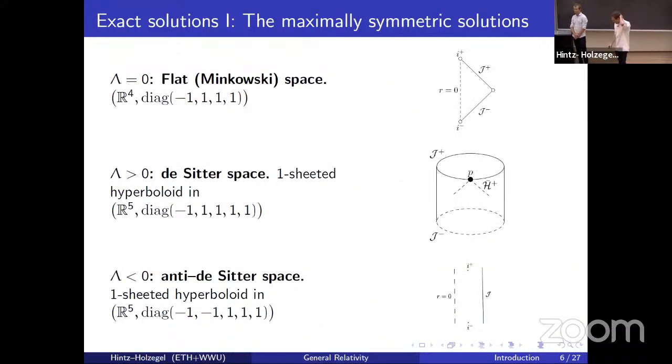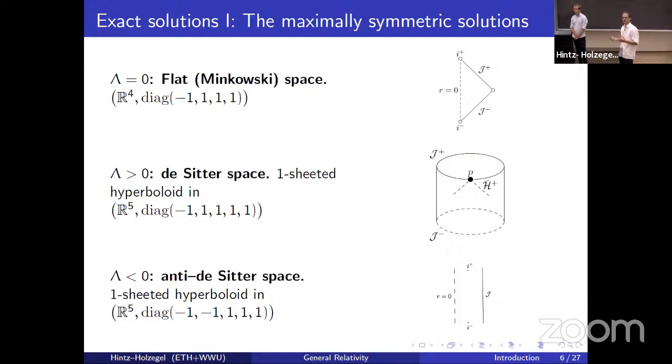Okay, and with this, I turn to some of the exact solutions to the Einstein equations, and let me start with the maximally symmetric ones. The first one, in the case lambda equals 0, the cosmological constant vanishing, is flat space, which I already mentioned. I don't want to say much about this, except that I've drawn a Penrose diagram of the space-time on the right.